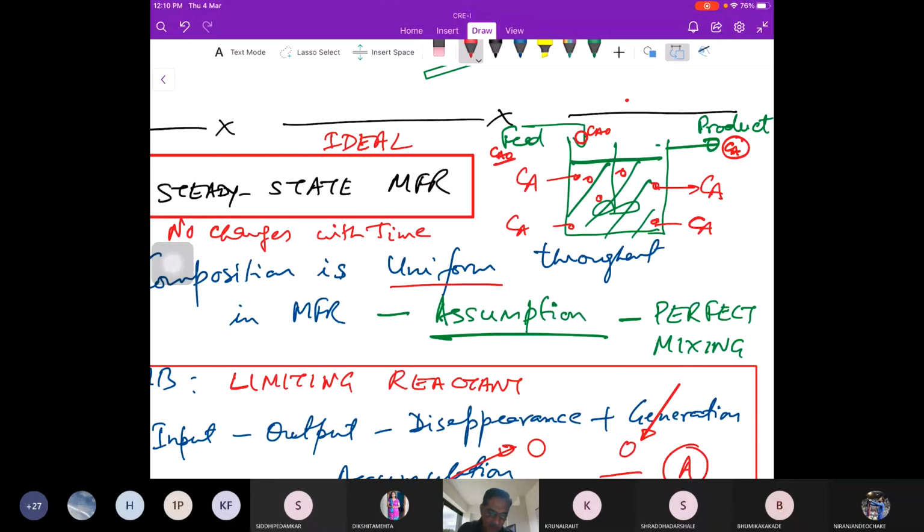So the concentration of A drastically changes. Suppose this is 10 moles per liter, and suppose this is say 1 mole per liter. So immediately on mixing in the reaction mixture, the concentration reduces from 10 moles per liter to 1 mole per liter. So when you have Ca naught as 10 mole per liter and Ca equal to 1 mole per liter, what is the conversion?